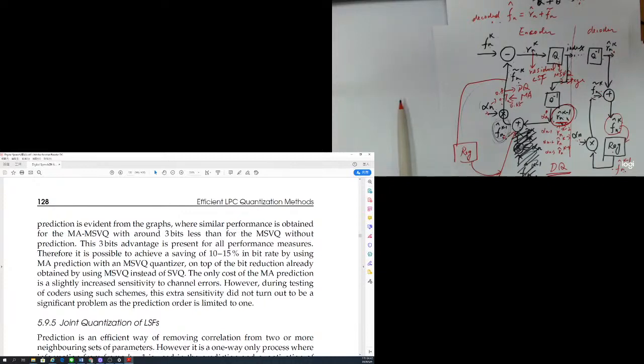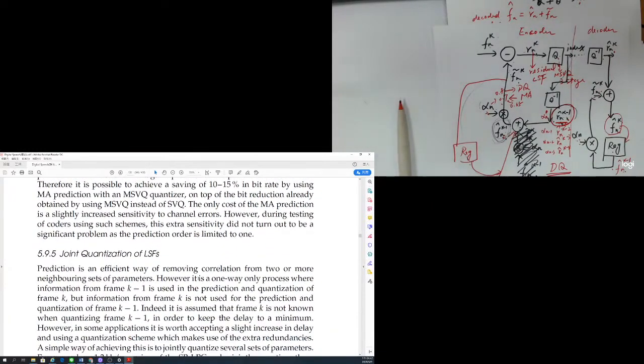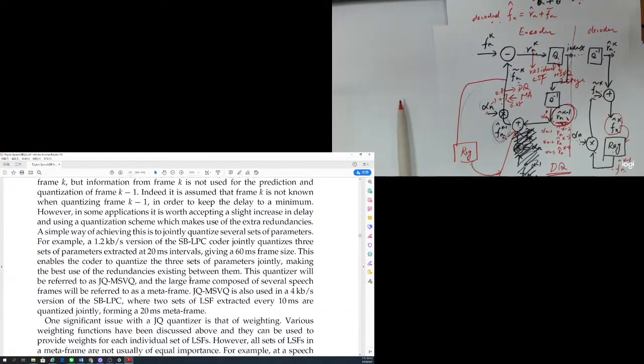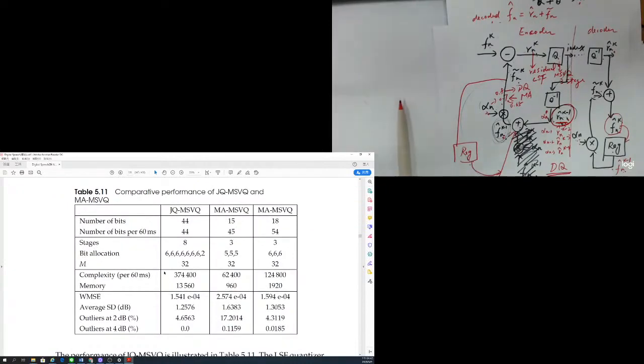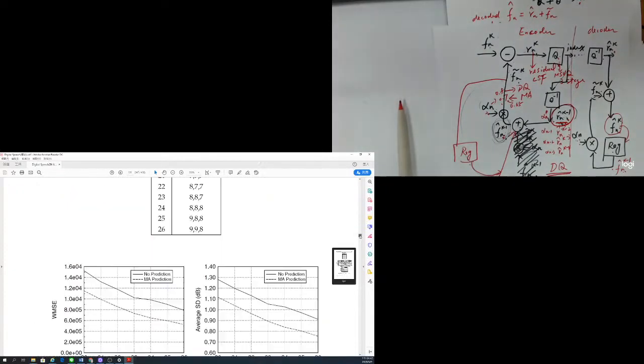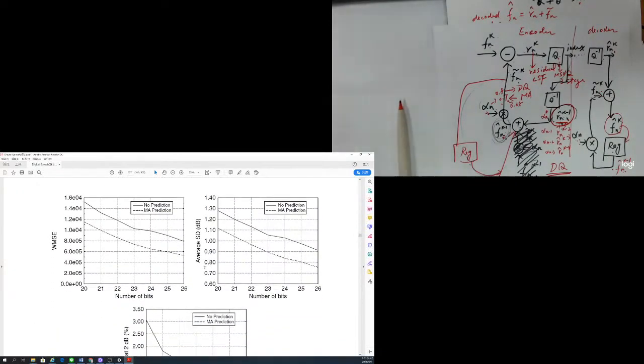If you use first order and you have a channel error, it just affects the next sample, so the next sample and 2 samples only. That one is okay. However, you can get a 3 bit efficiency, and also a 10 to 15% improvement. Another one is called a different way, which could be talked about in the next lecture.